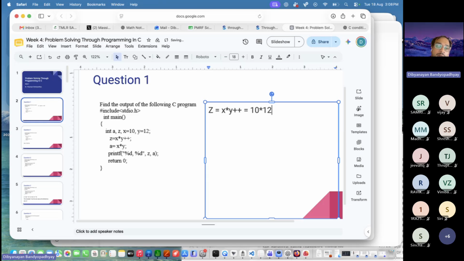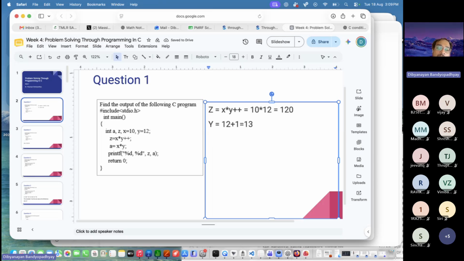Why not 13? Because y is post incremented. So after assignment of z, the value of y will be incremented to y plus 1, which is basically 13. So now the value of z will be 120. Then y will be incremented. Then what will be the new value of y? It will be 12 plus 1 equal to 13. Okay.